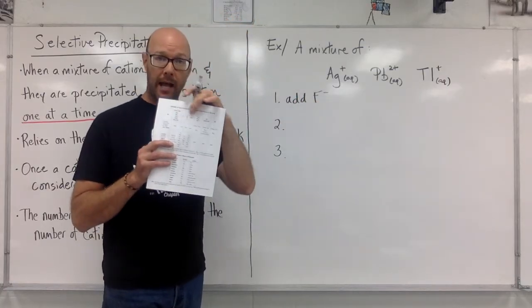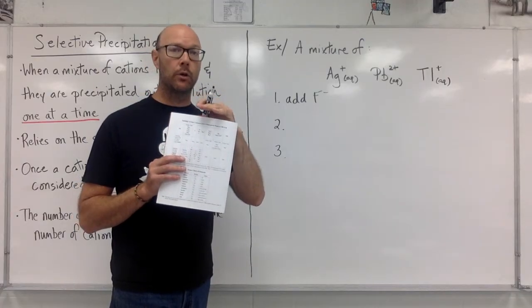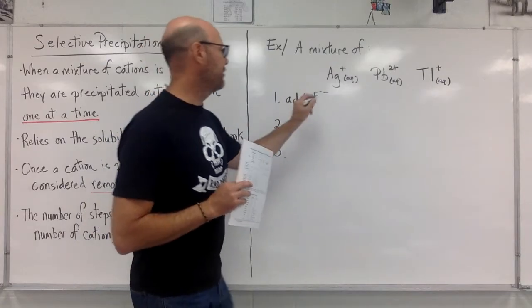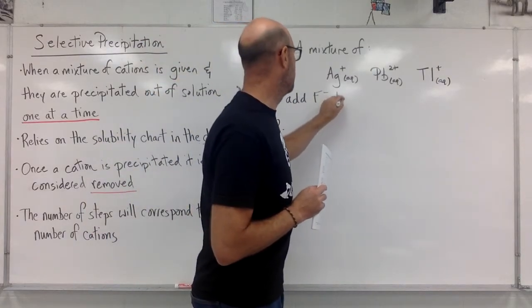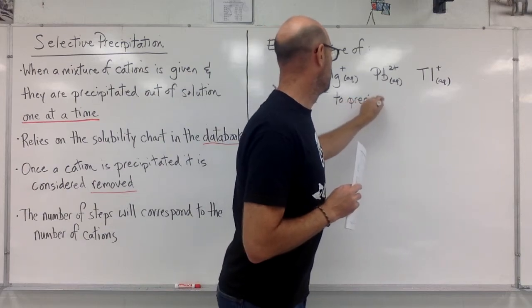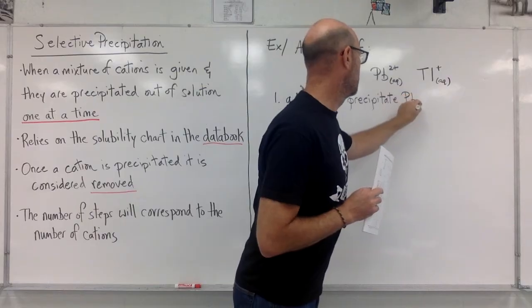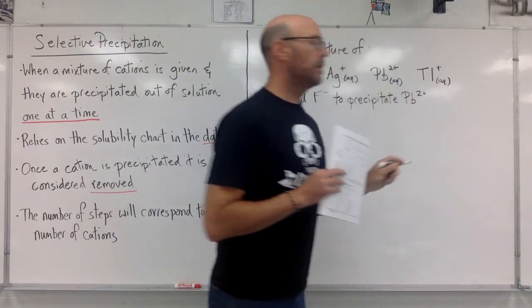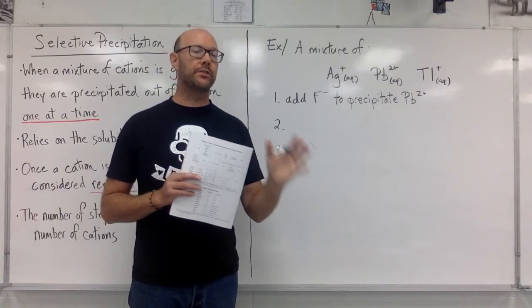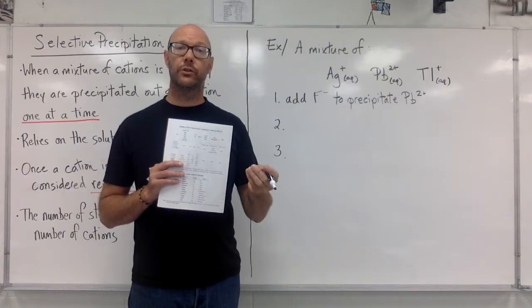And how did I know that? It was my choice using the solubility table. I found a chemical that made one of the 3 turn solid. Add F-. When I do that, it's going to precipitate the lead 2+ ions. The other 2 ions, the silver and the thallium, aren't going to precipitate. They're going to remain in solution.